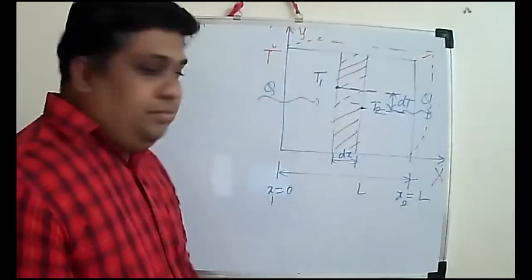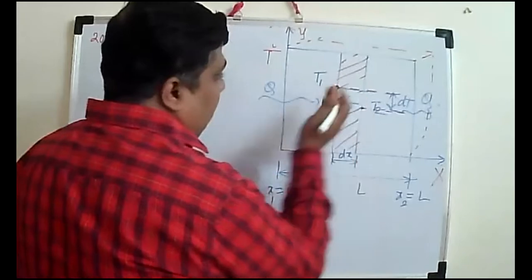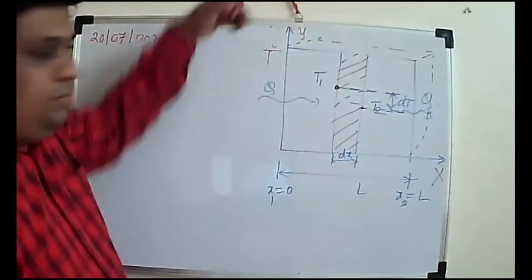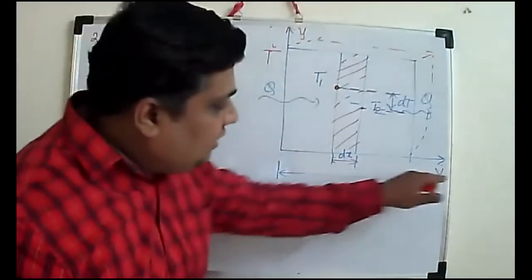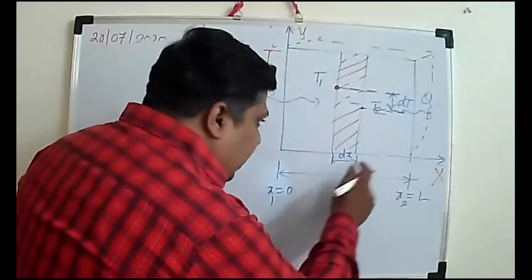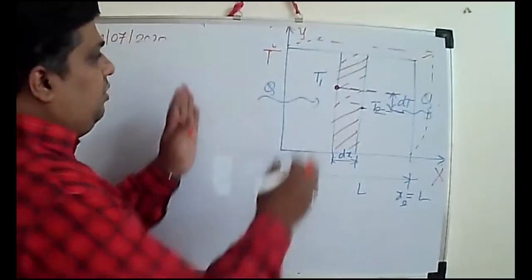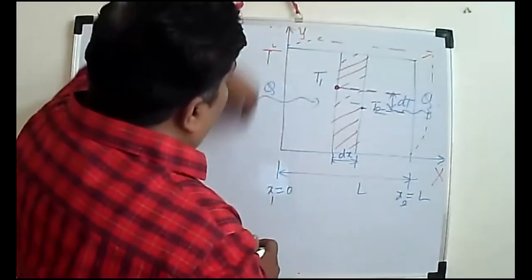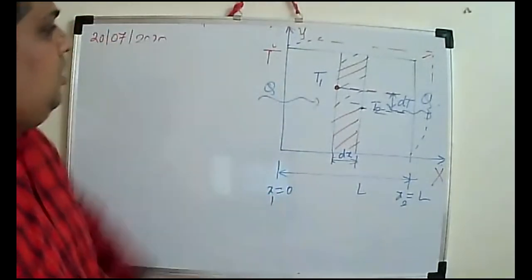That's why I have shown this point somewhat above, because the y-axis represents temperature and the x-axis represents length. The total length of this wall is L, correct? On this graph, we have length versus temperature.